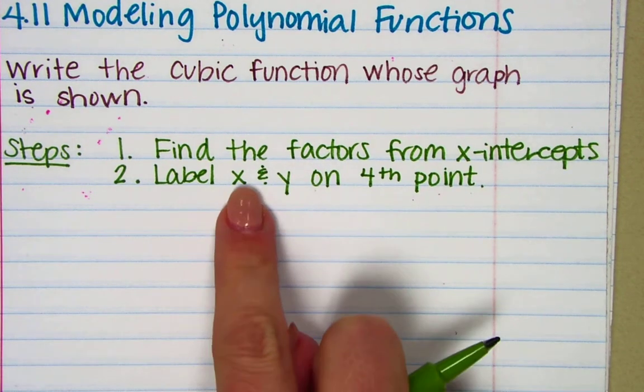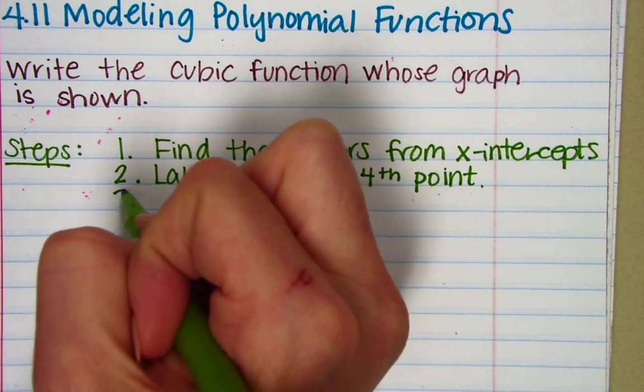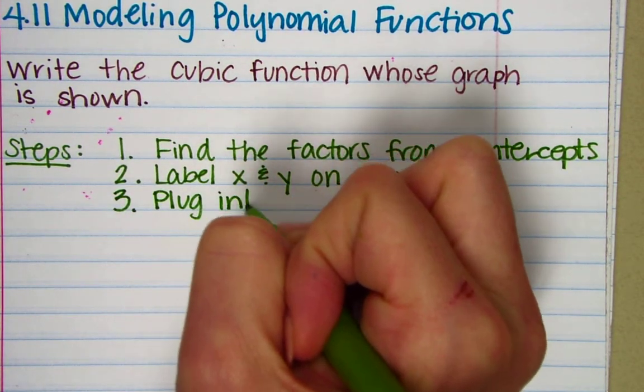The one that's not an x-intercept is going to be x, y. 3 is going to be plug into the equation.